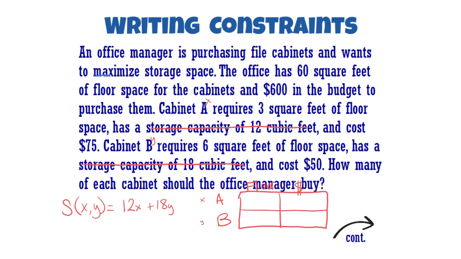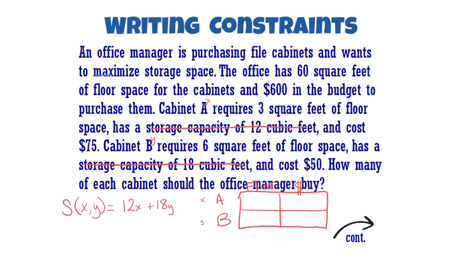Let's even go back before that. The office has 60 square feet of floor space for the cabinets and $600 in the budget to purchase them. Those are going to be your restrictions. Those are your totals. So I have a total amount of square footage, floor space. I have a total amount of $600.